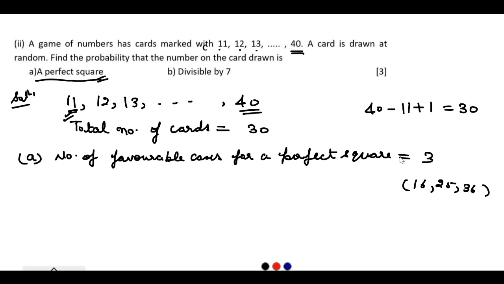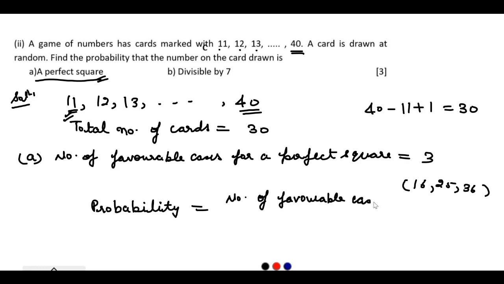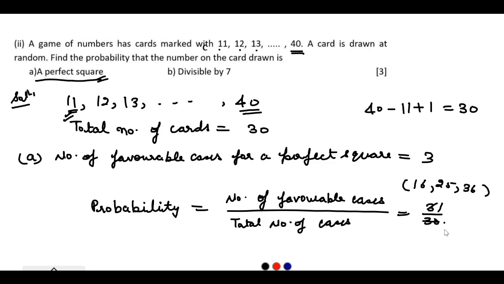Means number of favorable cases for a perfect square between these numbers are 3. So the probability of this case, that is number of favorable cases divided by total number of cases, means 3 by 30, that is 1 by 10.